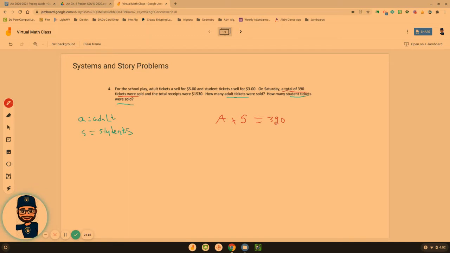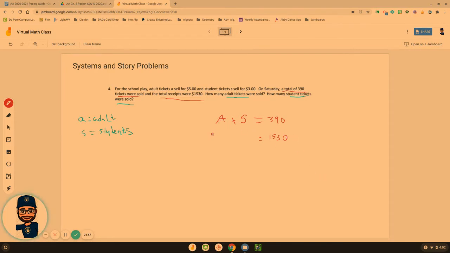The second equation comes from what their value in money was. We know that somehow they made a total of $1,530. Well, how do we get that?